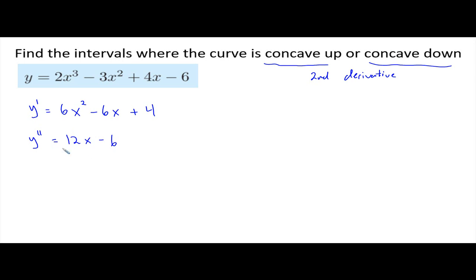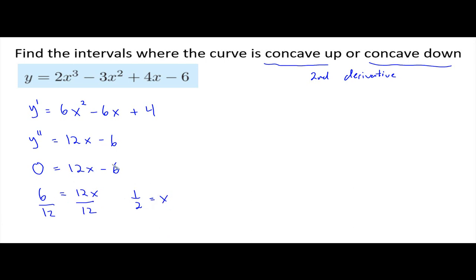Now, once you find the second derivative, you want to set it equal to 0. So we have 0 is equal to 12x minus 6. If you add 6 to the other side, we get 12x divided by 12. So we get 1/2 is equal to x.